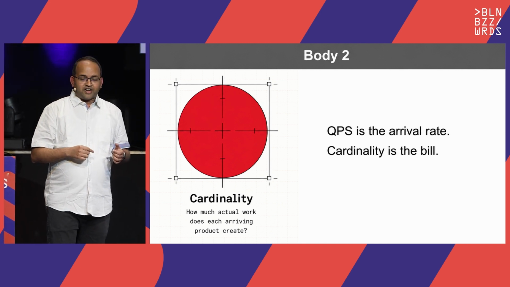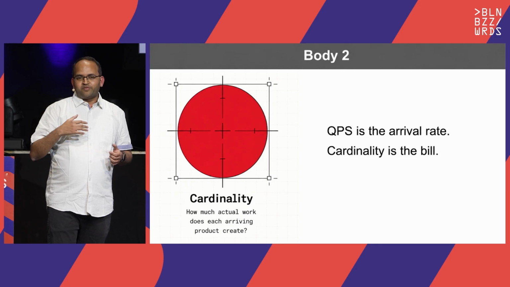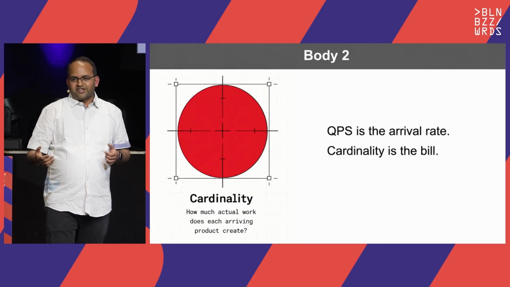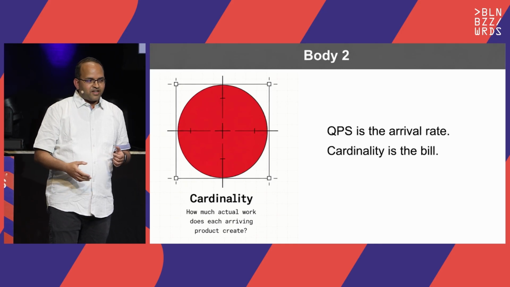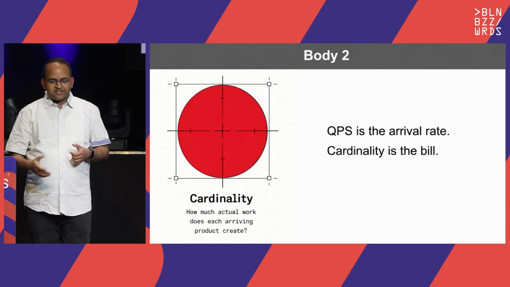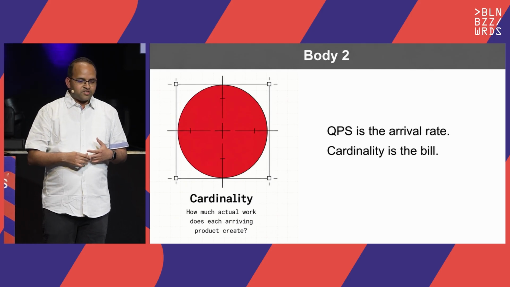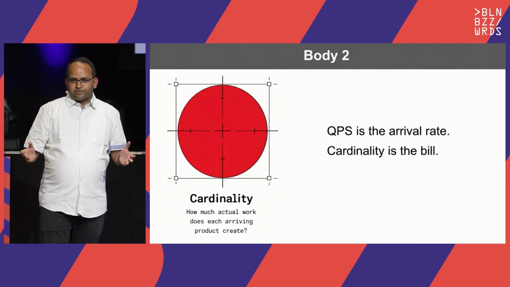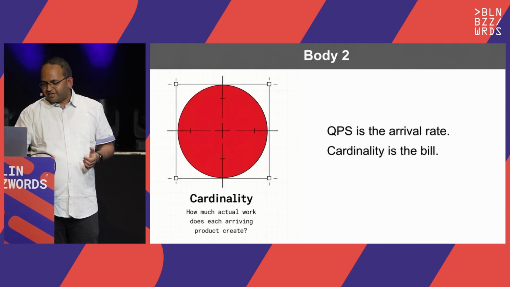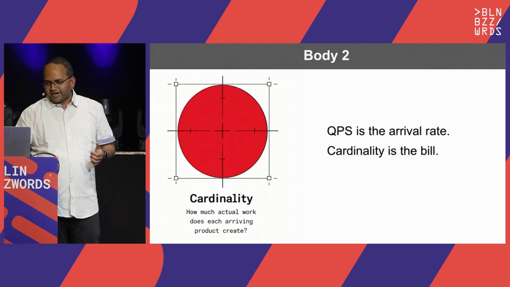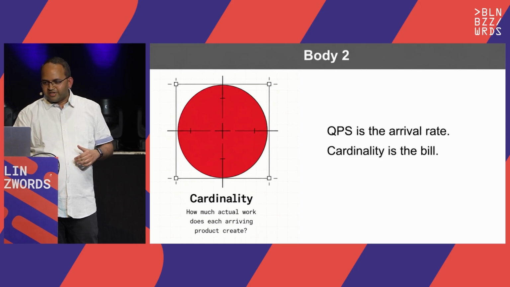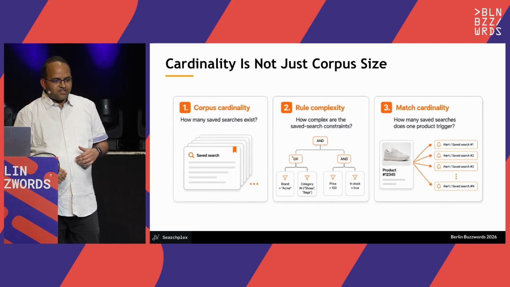And cardinality is how many saved searches it matches. And I'll explain how that decides a lot of things in the entire solution. So the more the number of matches, it is going to impact all the downstream tasks.